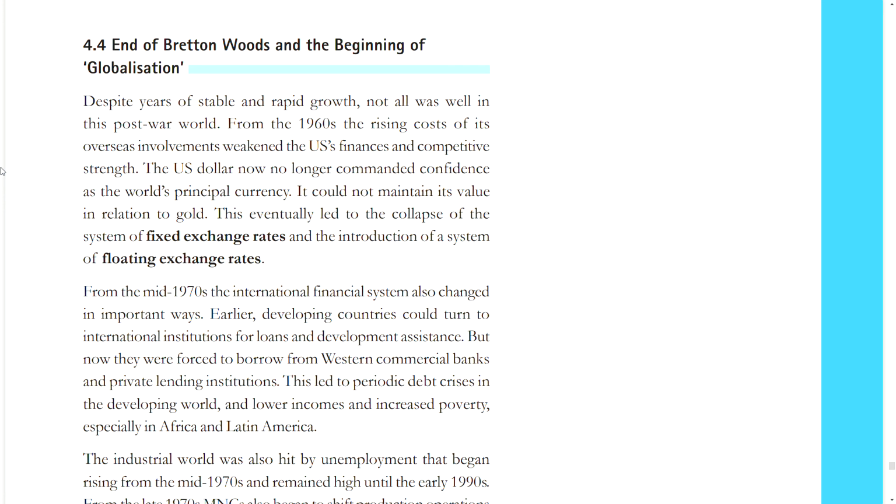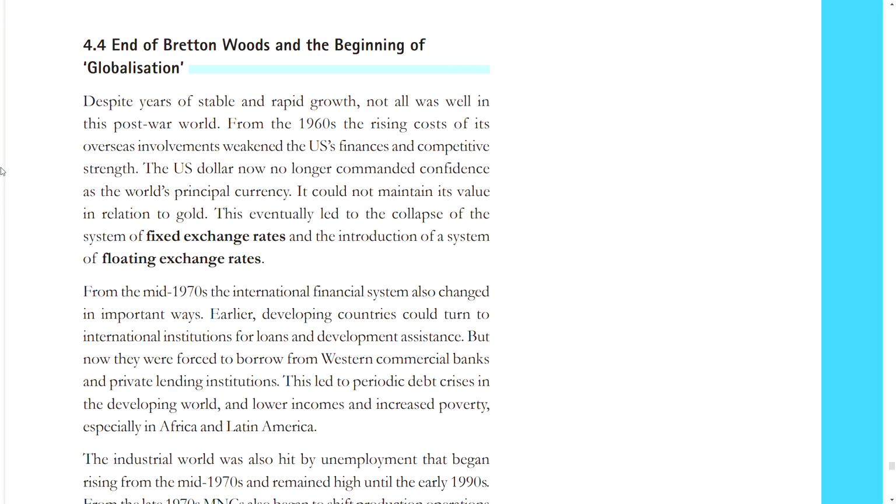The US dollar now no longer commanded confidence as the world's principal currency, it could not maintain its value in relation to gold. This eventually led to the collapse of the system of fixed exchange rates and the introduction of a system of floating exchange rates.